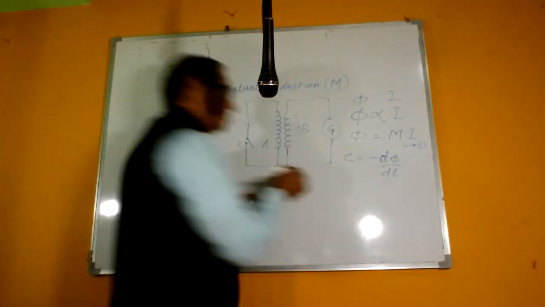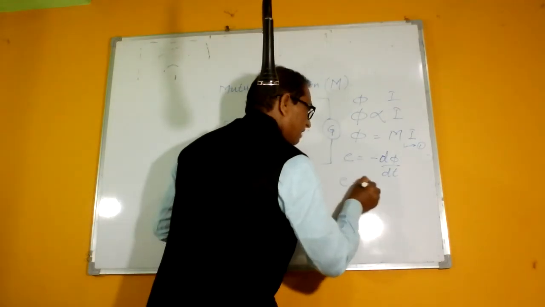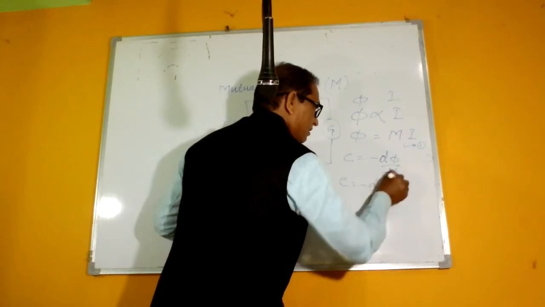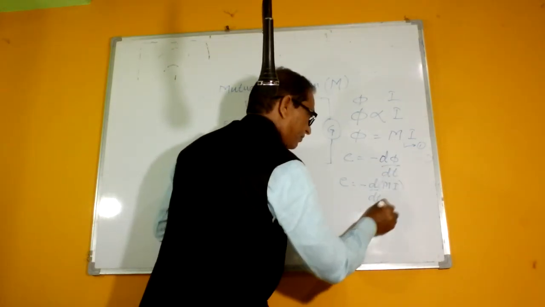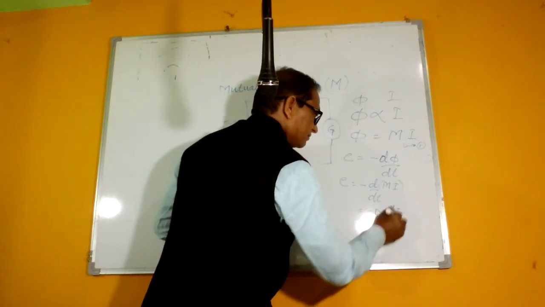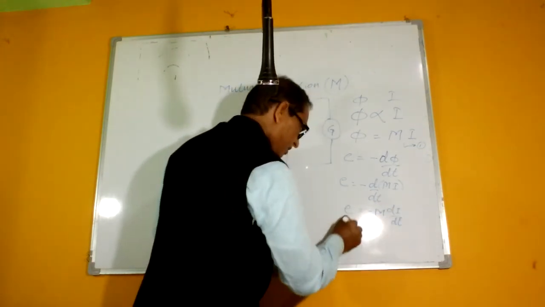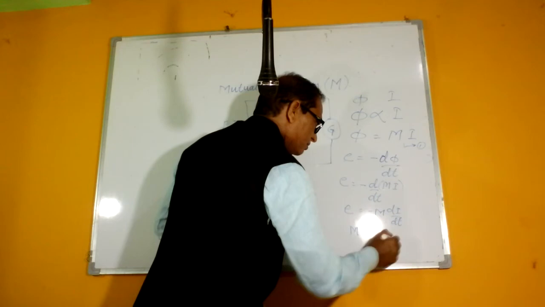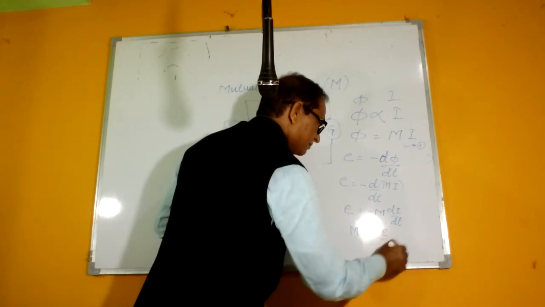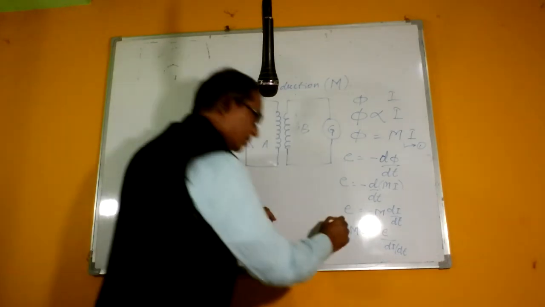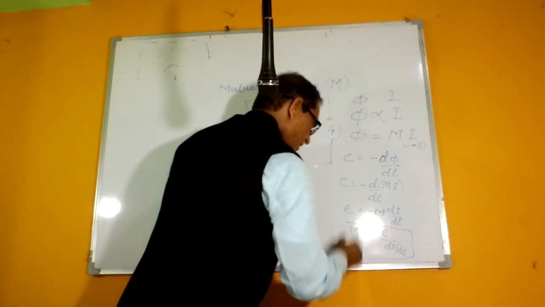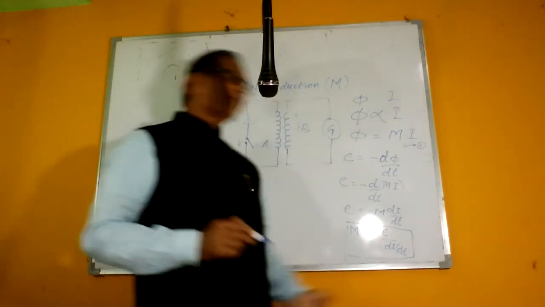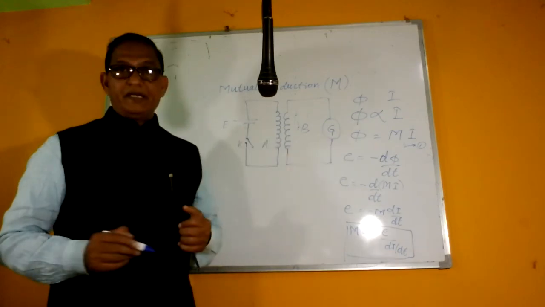If we put the value of phi from equation 1, E is equal to minus d by dt of M I, so this is equal to minus M di by dt. Therefore, M is equal to minus E upon di by dt. This is the equation for the mutual induction M.